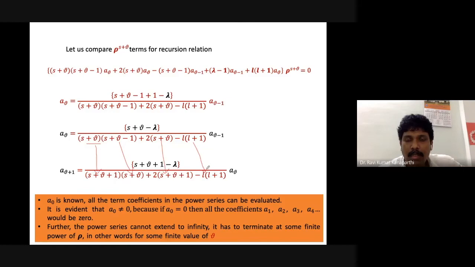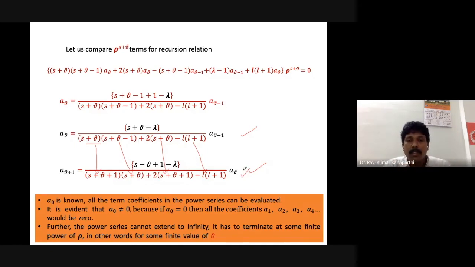This is fairly easy to remember, because what we got so far is a_nu plus 2 expressed in terms of a_nu. To follow the same trend and remember it easily, it is written like this. Of course, both relations are good. Here a_nu is expressed in terms of a_nu minus 1, but here a_nu plus 1 is expressed in terms of a_nu. That's all.